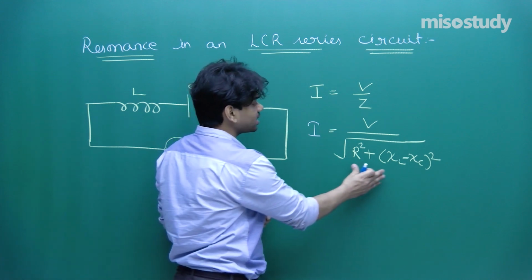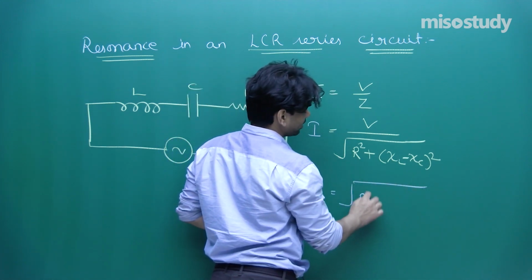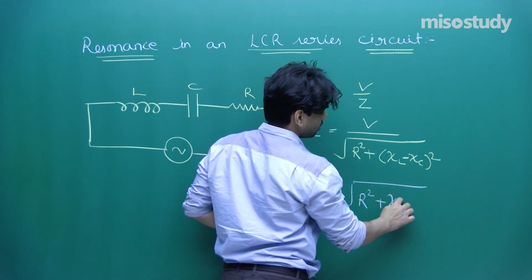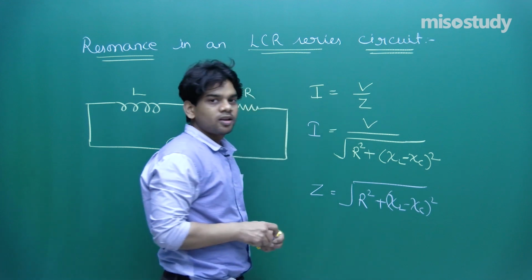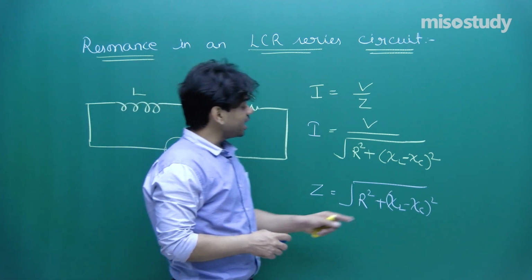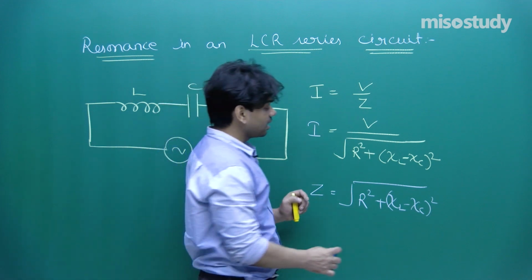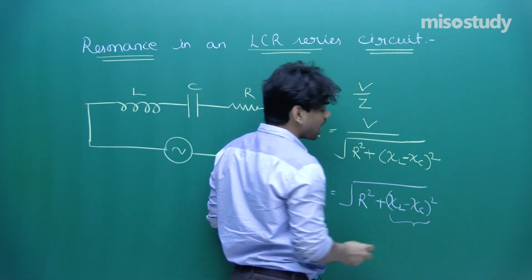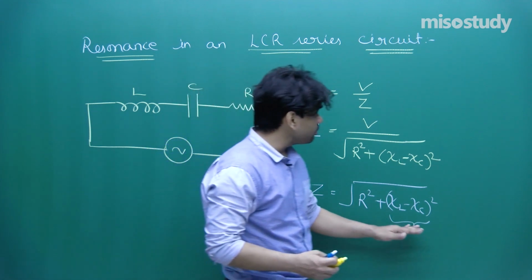Now watch this impedance. If I make a formula for impedance, it will be something like this: R square plus chi L minus chi C whole square. Here we can change the values of chi L and chi C in such a way that this value can have a variable magnitude, and its magnitude can be equal to 0 also.